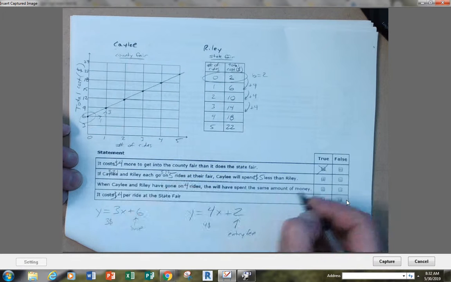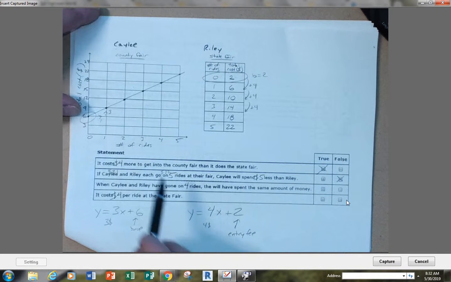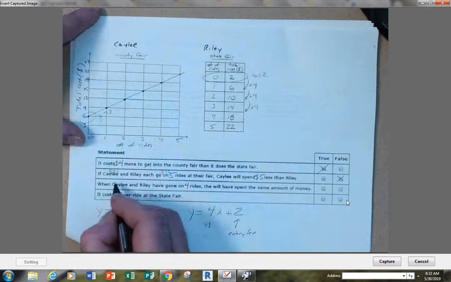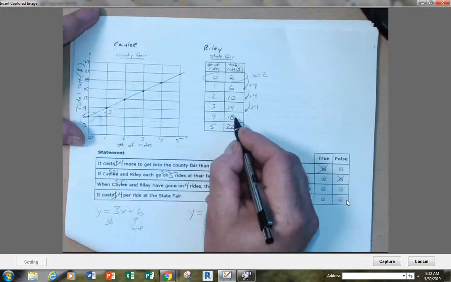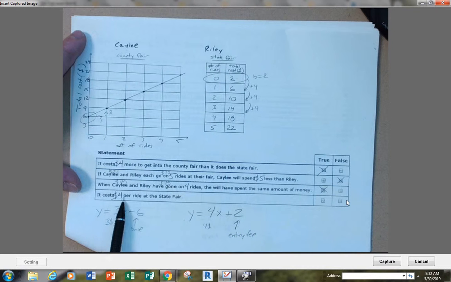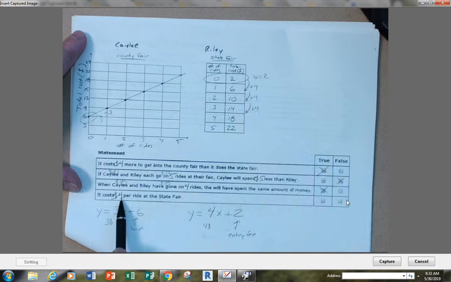So this one's false. Kaylee and Riley, 4 rides, same amount. $18 for Kaylee, $18 for Riley. That is true. And then this one, $4 per ride at the state fair. For this one, yes, they didn't try to bait you into thinking this was $6 per ride. That is true for this problem.